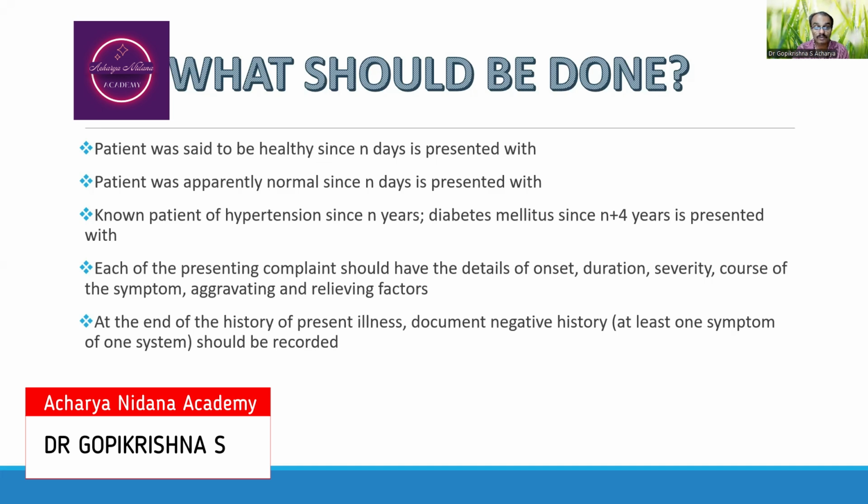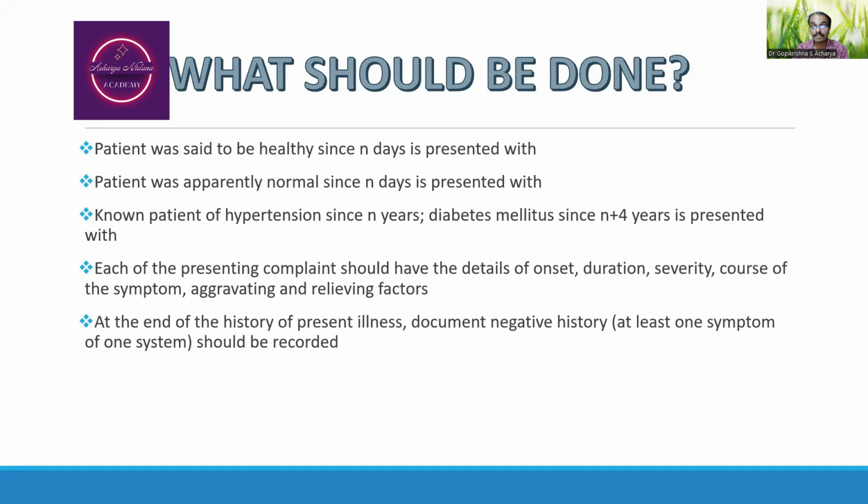And documenting each presenting complaint should have the details of onset, duration, severity, course of the symptom, aggravating and relieving factors. Whereas at the end of the history of present illness, you can write the negative history.